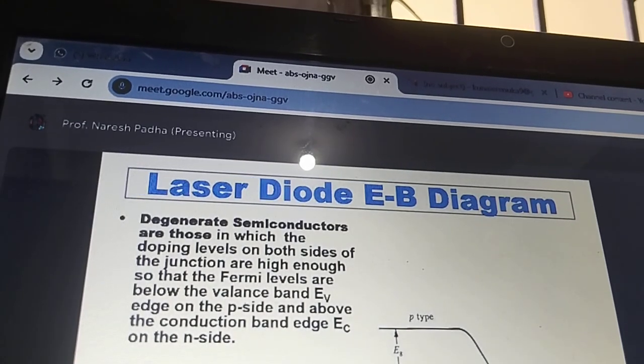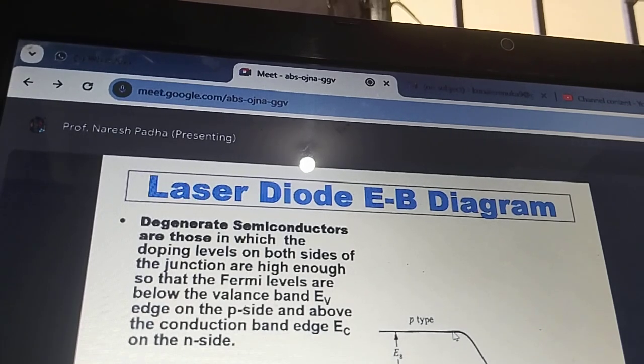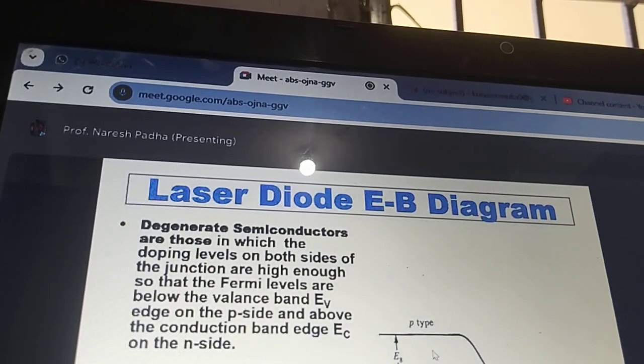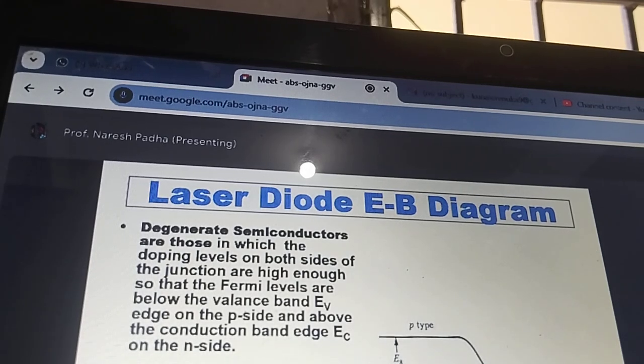You know that you have a conduction band edge, there is a valence band edge, and we always say the Fermi level lies between the valence band and the conduction band.